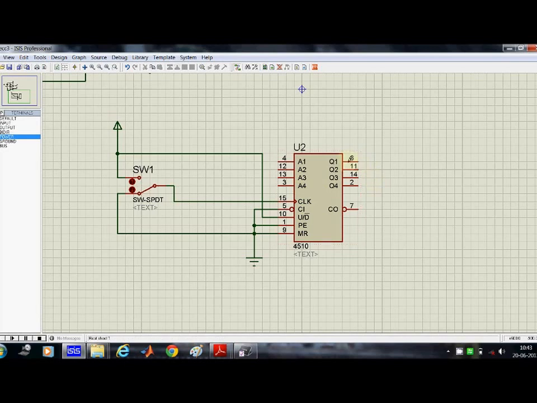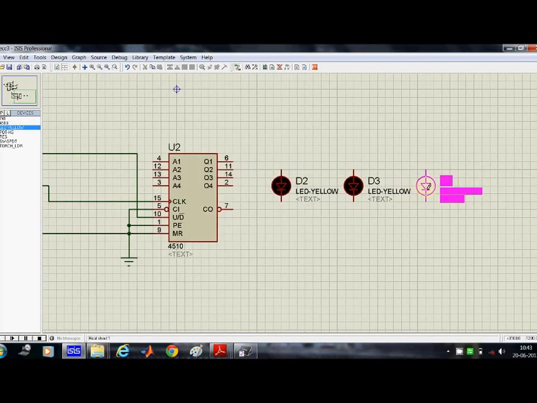Now we will go to the 4 outputs. For that, I have to use LEDs, and as usual in the simulation I am not going to use any resistors, but in the real world, in actual breadboarding or actual circuit making, we have to use a 330 ohm or a 470 ohm resistor, because otherwise the LED will be blown off.